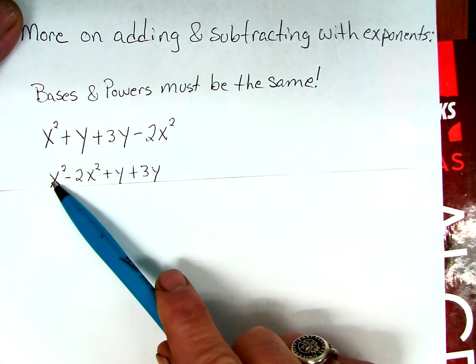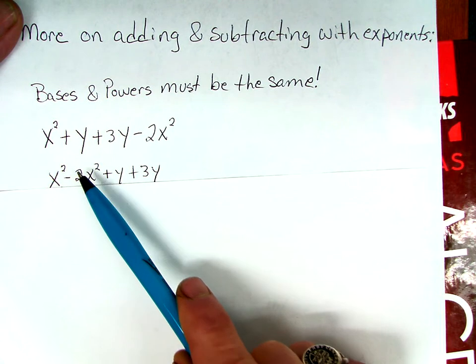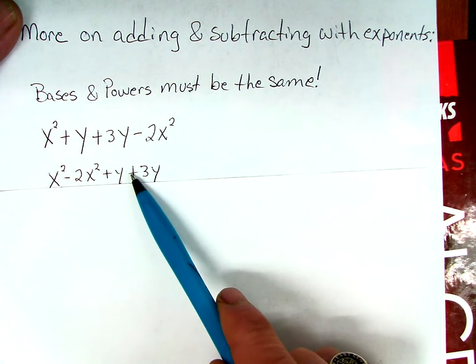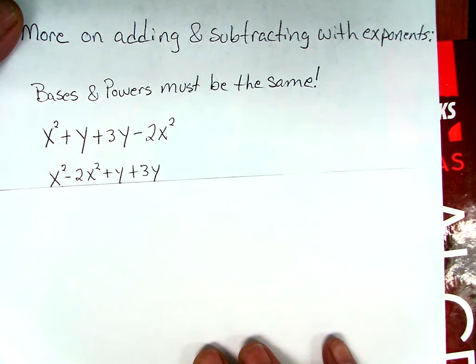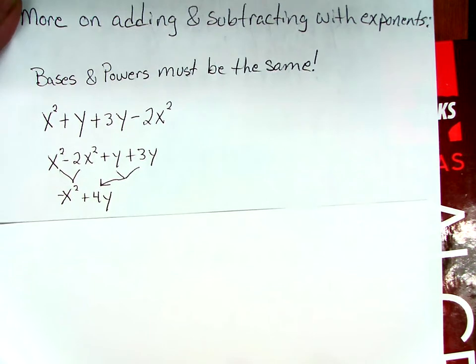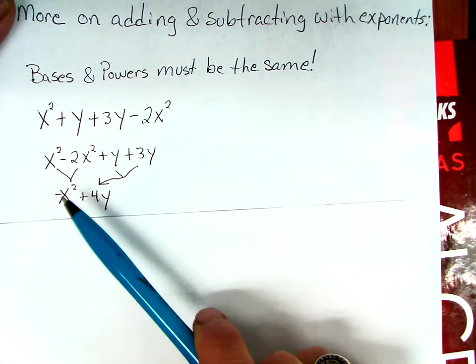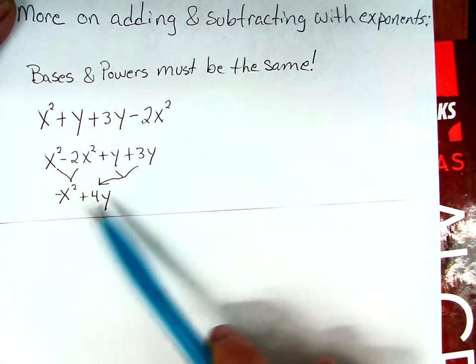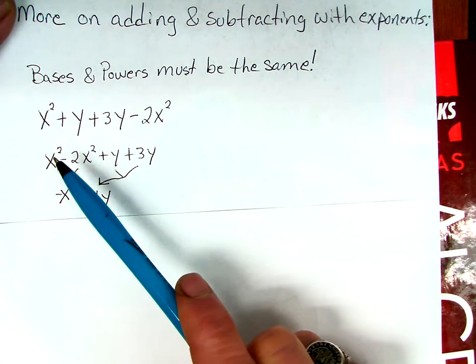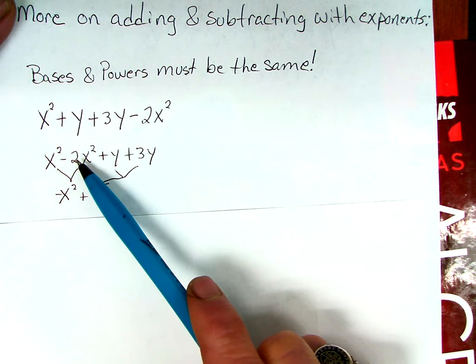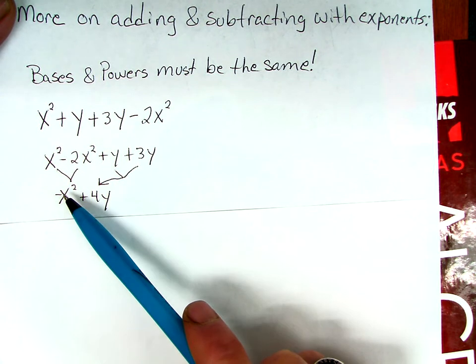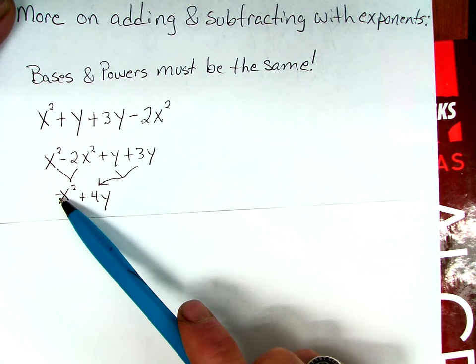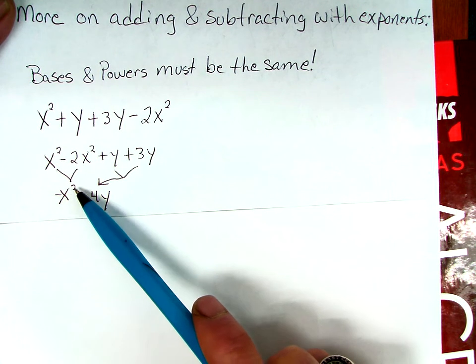It's going to be 1 take away 2. 1y plus 3 more y's. And so the answer would be negative x squared plus 4y. 1 take away 2 is negative 1, and this is how we would write negative 1x squared.